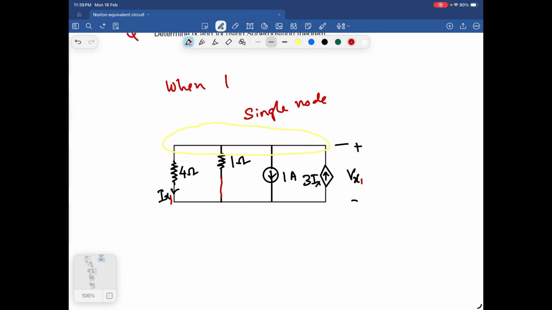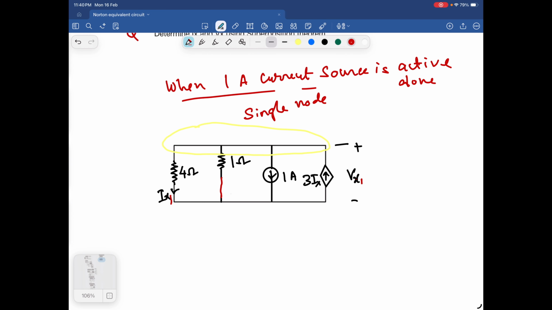When the 1 ampere current source is active alone, now I have to write the equations.